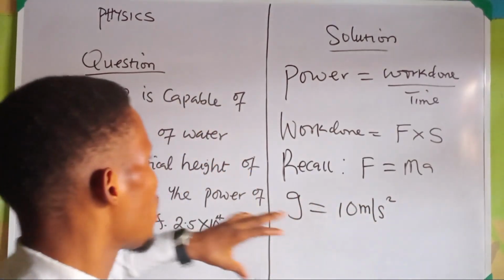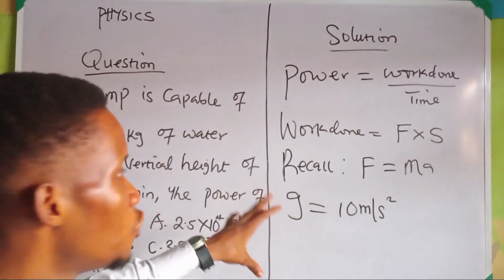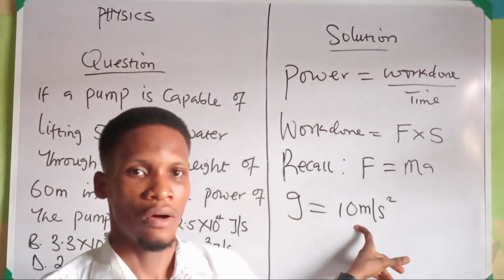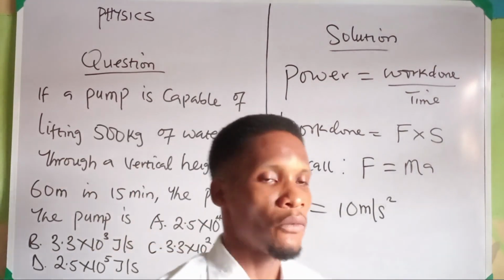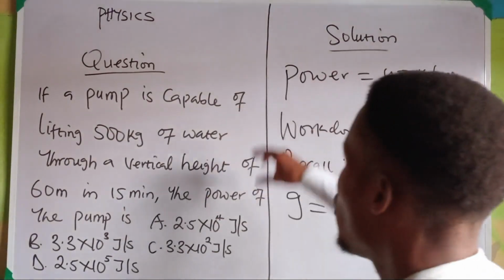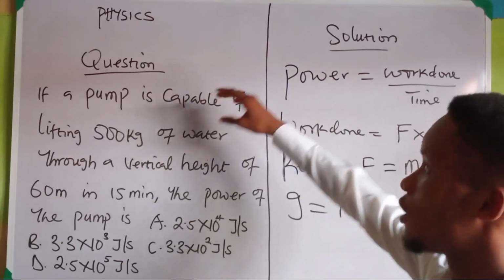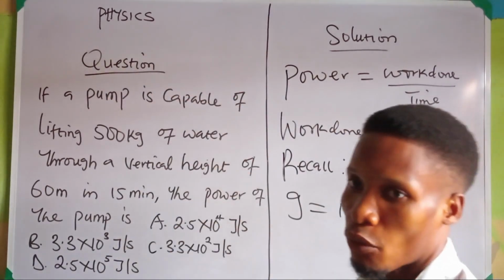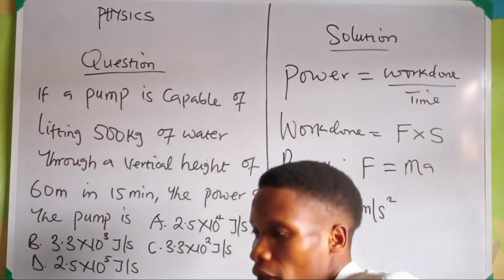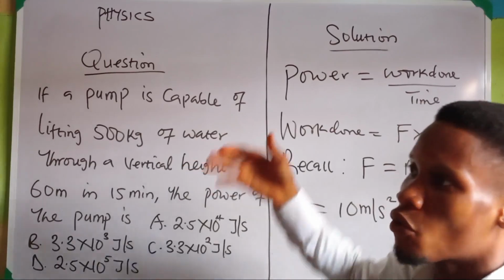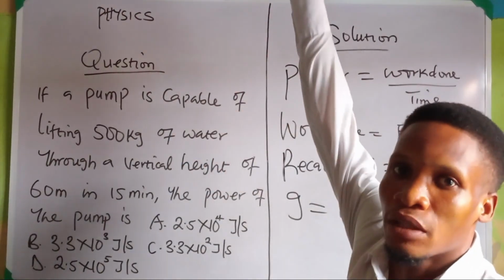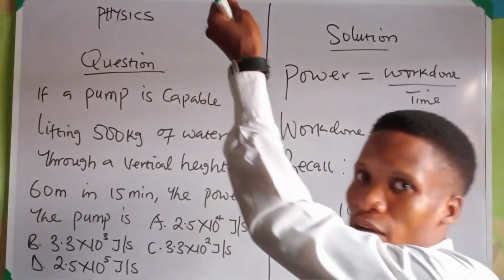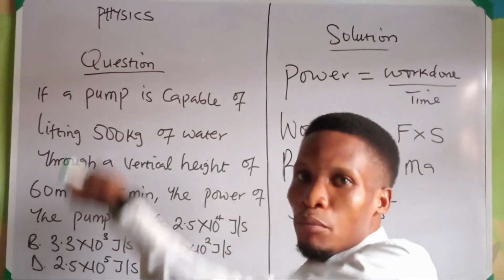So it may not necessarily be given, but you should recall that this constant exists. Why? Because the pump was lifting the load, which is the bag of pure water, from the ground. As it was lifting it, the force of gravity acts from top to down, pulling it down.